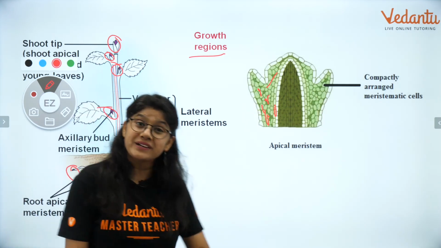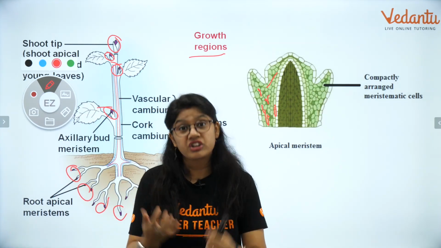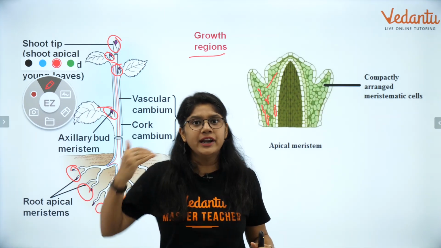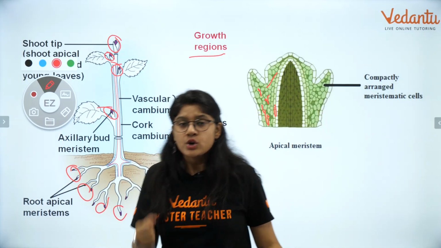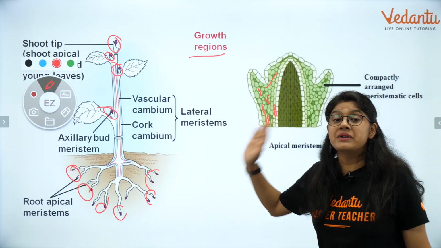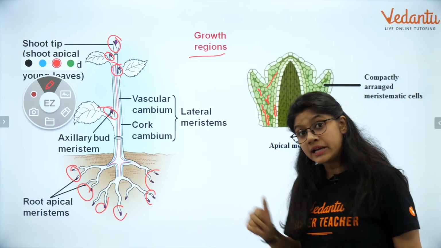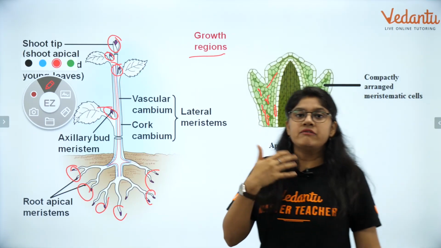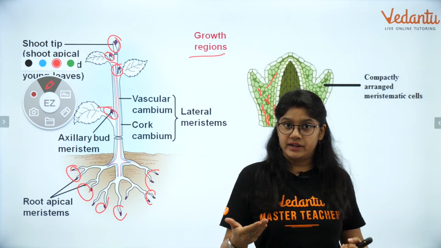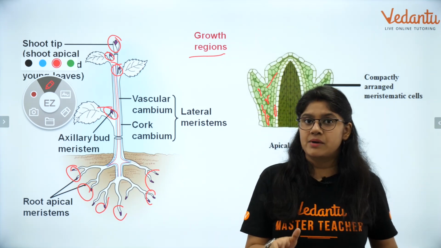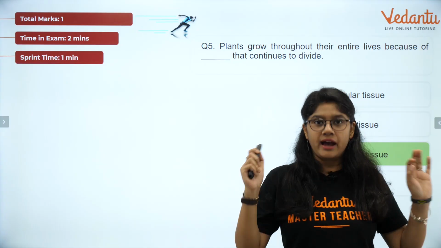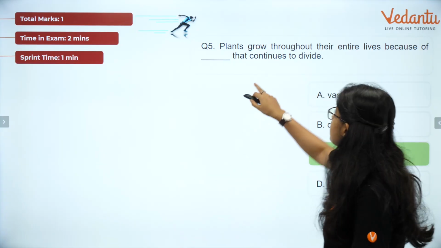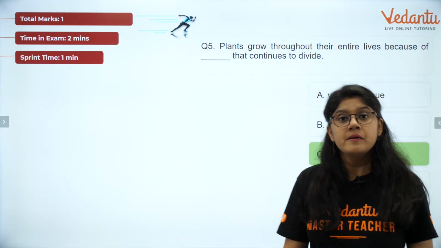It's the property of the meristematic tissue to divide continuously and to bring growth in the plants. So this is the nature of the meristematic tissues, everyone. Clear? This is the reason why the plants keep on growing, and the answer is meristematic tissue. Meristematic tissues keep on dividing, and with this there's a continuous growth in the plants.